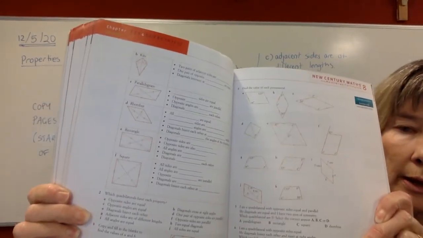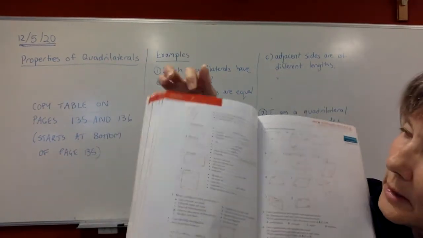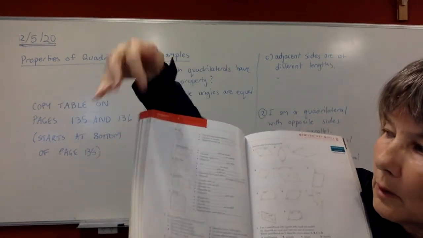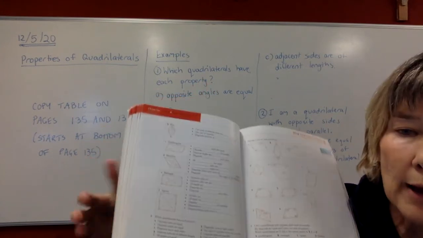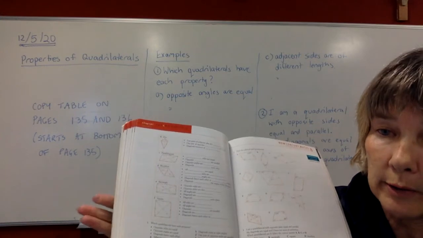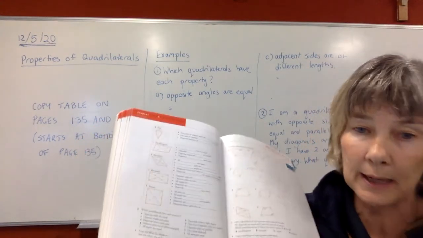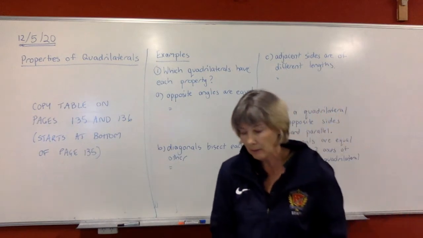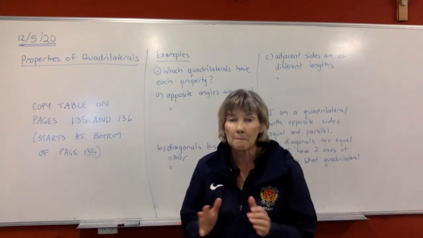Okay, so up here, you can see this is the rest of the table that you're doing. All right, so here we've got 1, 2, 3, 4, 5 different shapes, but we had one on the other page. So there's 6 shapes you need to do. So you probably need one whole page in your workbook.